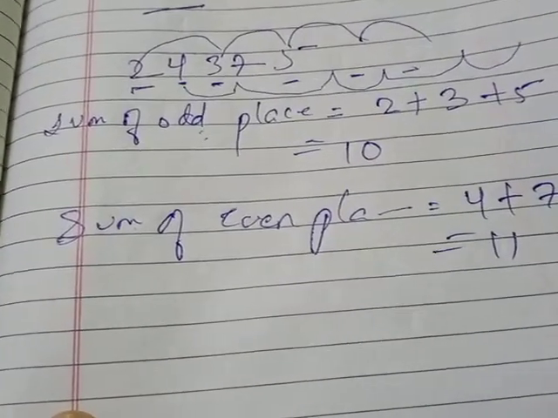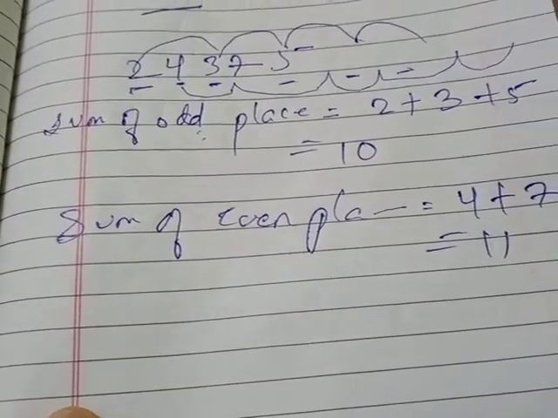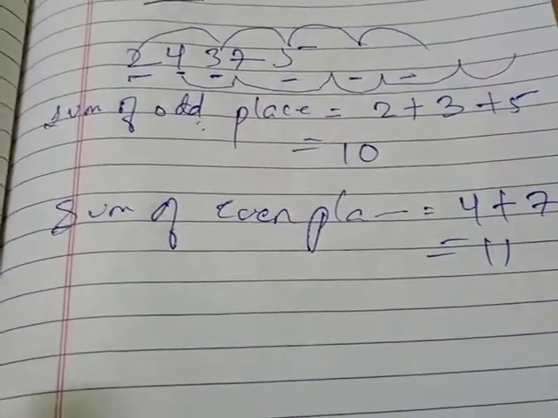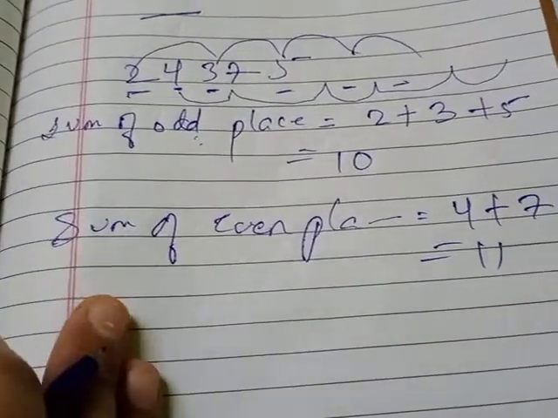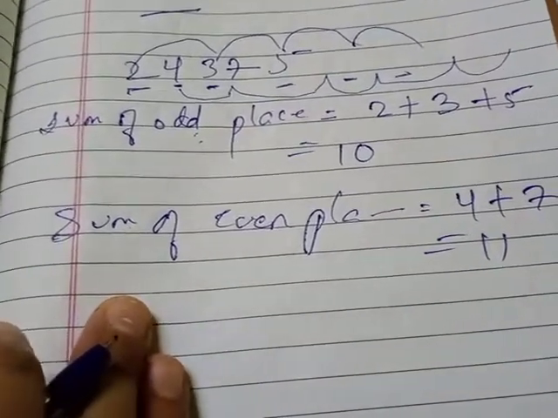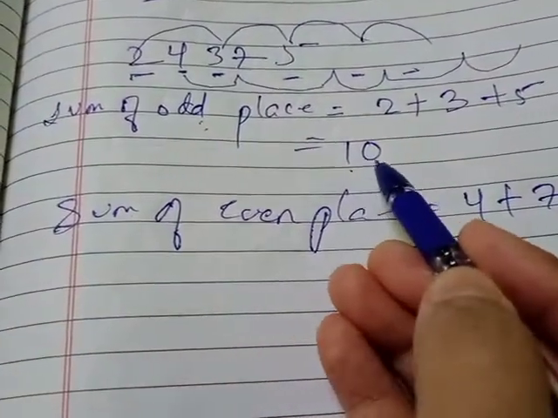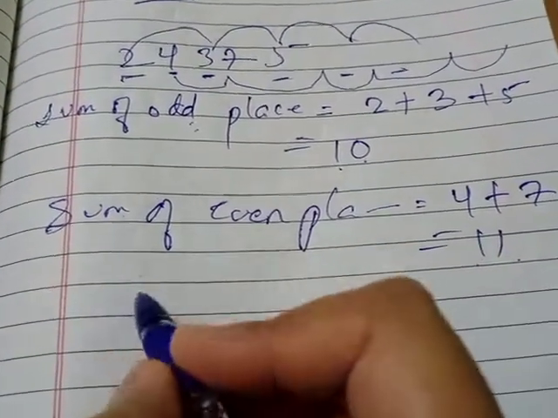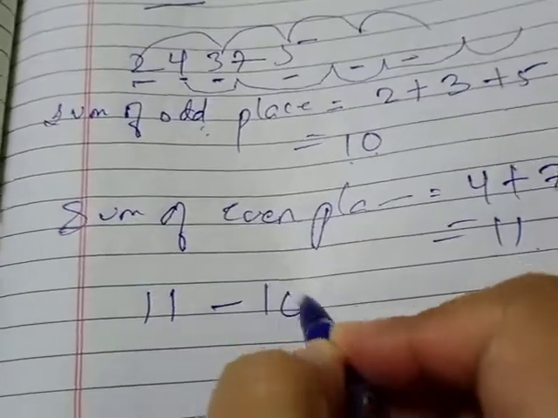So in any given number, to say it is divisible by 11, we take the odd places sum and the even places sum. Now, we find the difference.